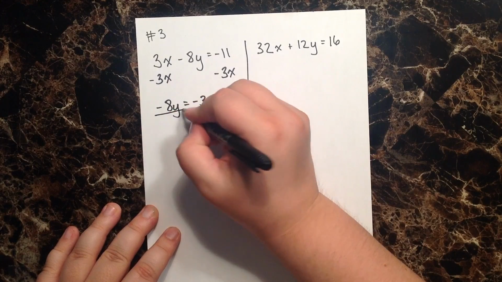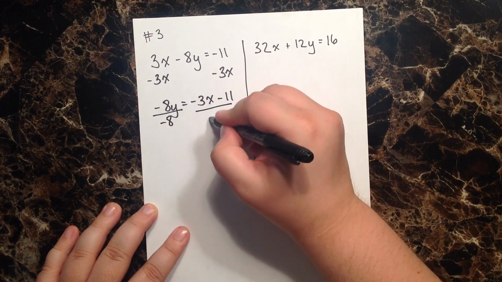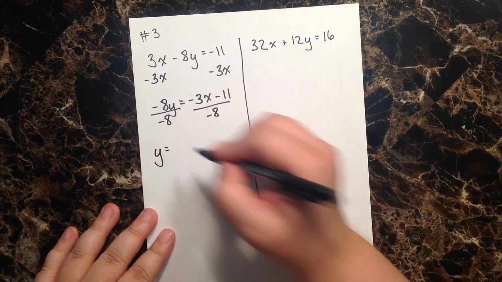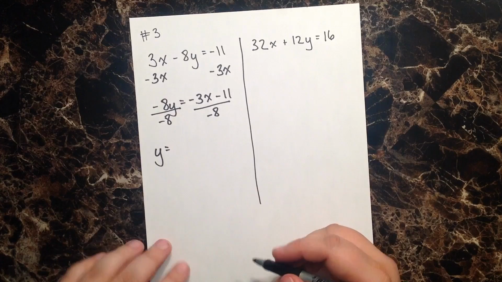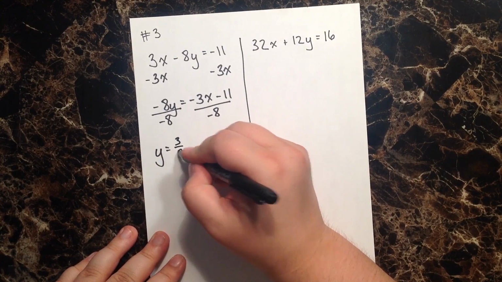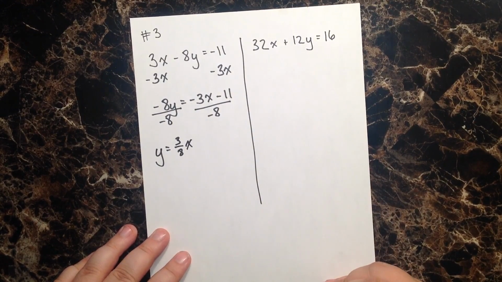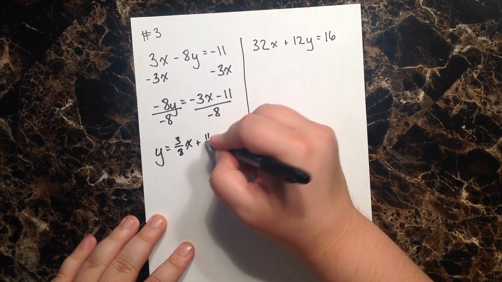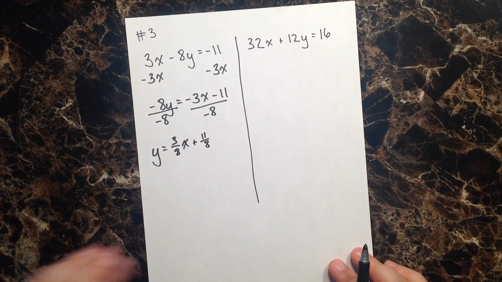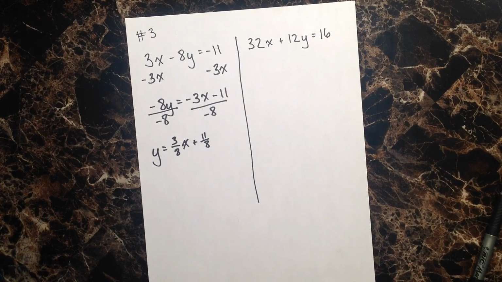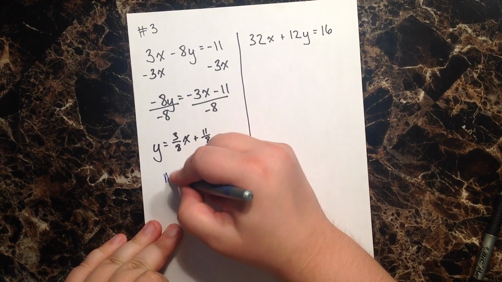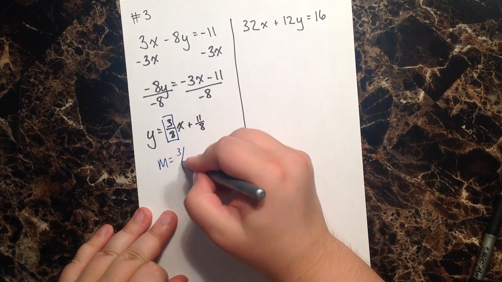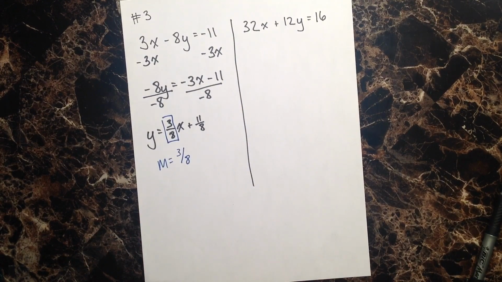Lastly, we divide by negative 8 on both sides. We have y equals negative 3 over negative 8, which gives a positive 3 over 8 x, and then negative 11 over negative 8 gives a positive 11 over 8. So in this line, our m, or slope, is 3 over 8.